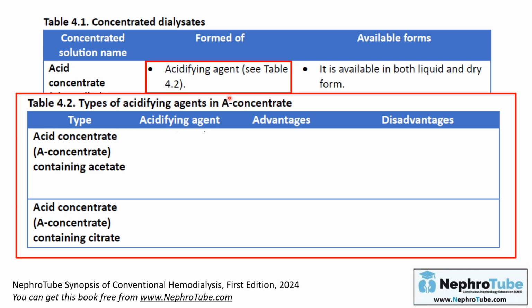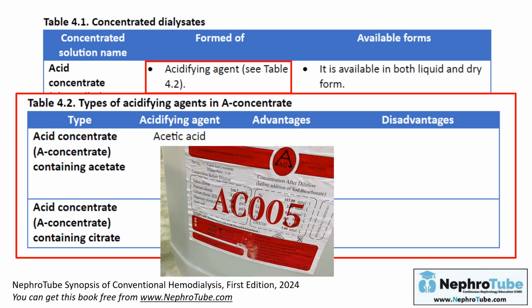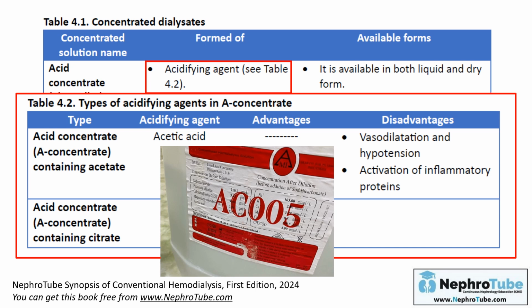The question now is, what are the acidifying agents that can be used in the acid concentrate? The first one is acetate. So the acidifying agent here is acetic acid. But one of the disadvantages of this acetic acid, as I mentioned, is that it may cause vasodilatation and hypotension, and may activate inflammatory proteins.